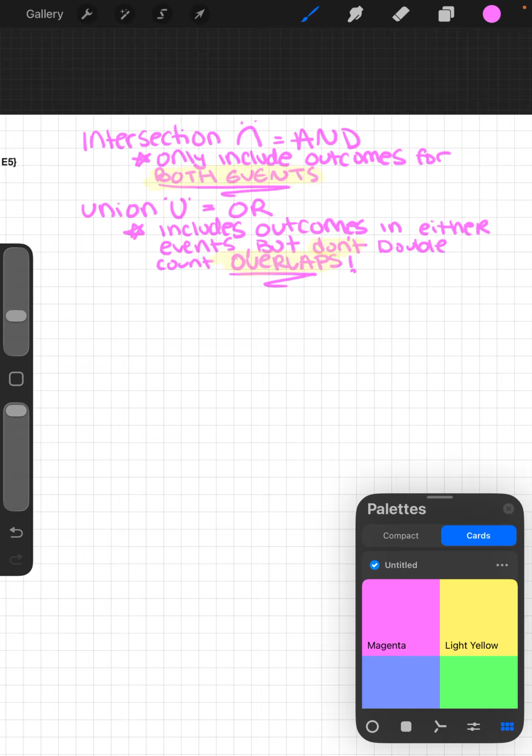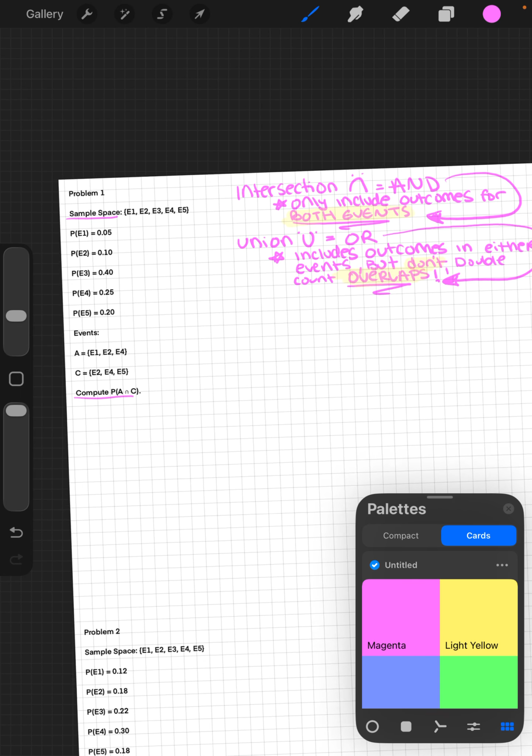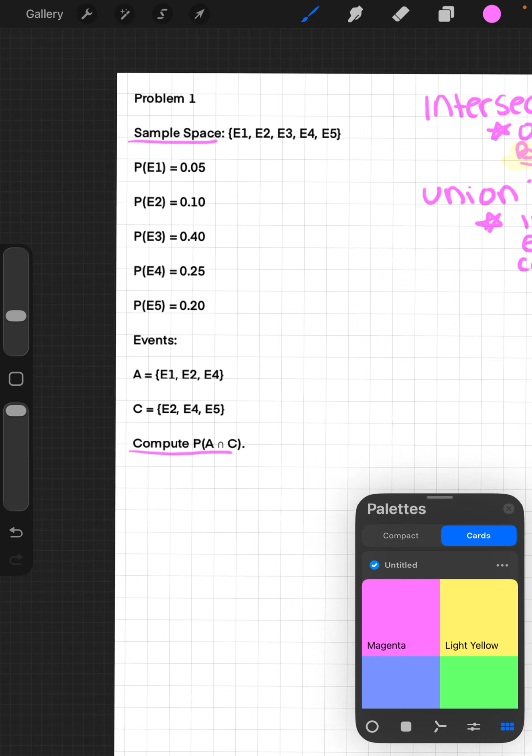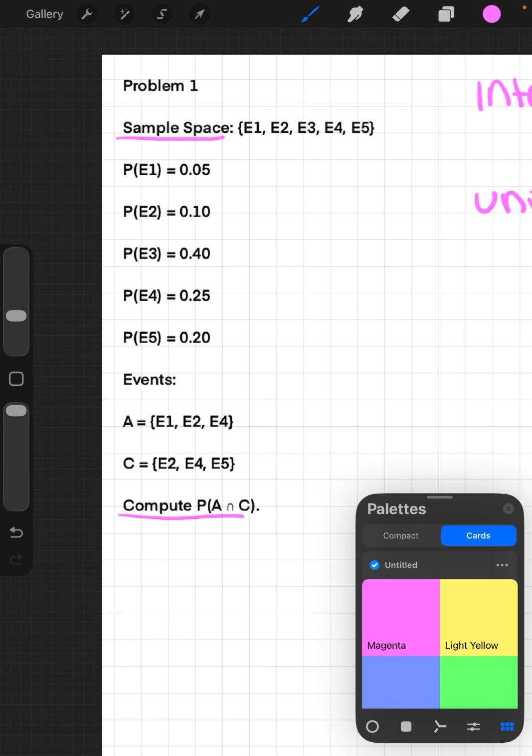Intersection is like "and," so it only includes what is in both. The union does not overlap, no overlap. You'll probably get the hang of it after you do a few of them.